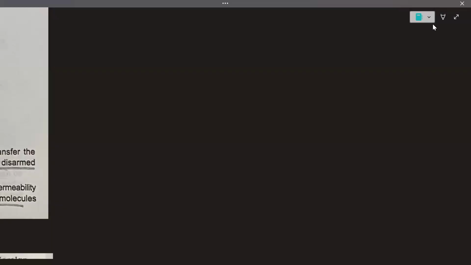So what happens to the petals and sepals after the fertilization has been done? They shrivel off, they fall off. Very good.